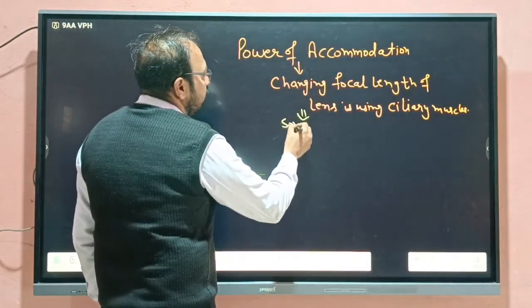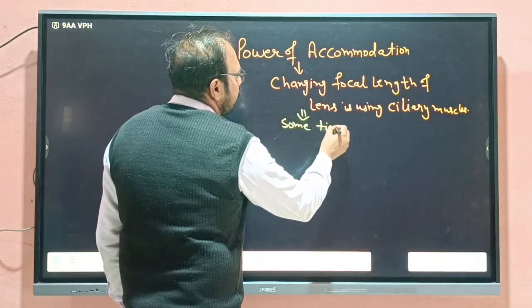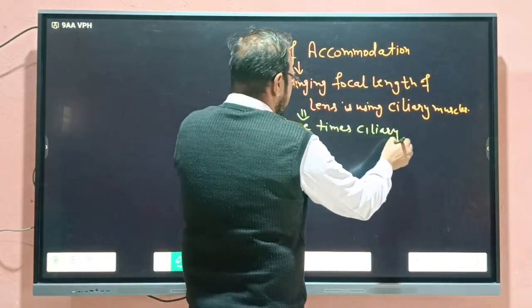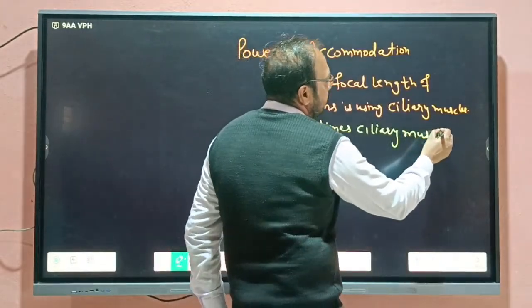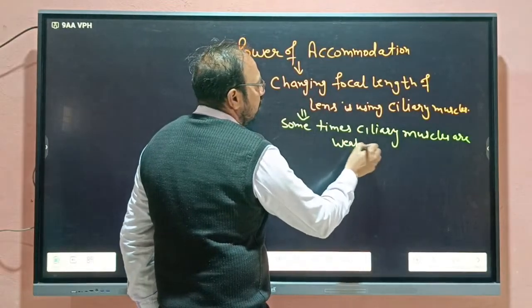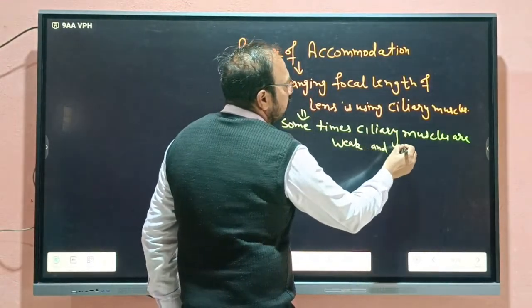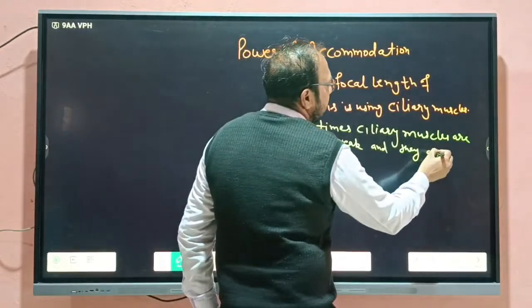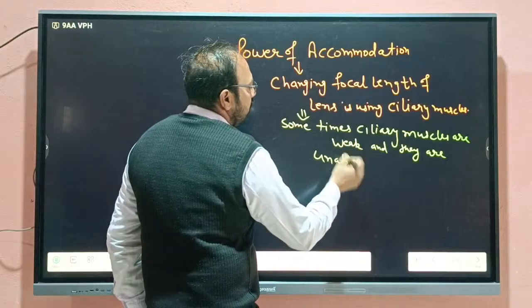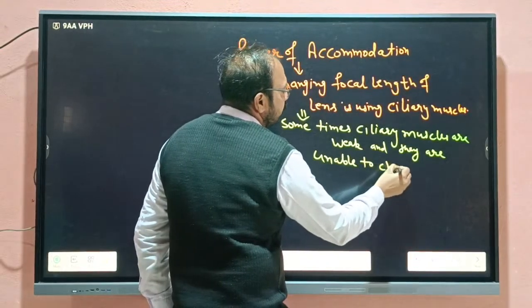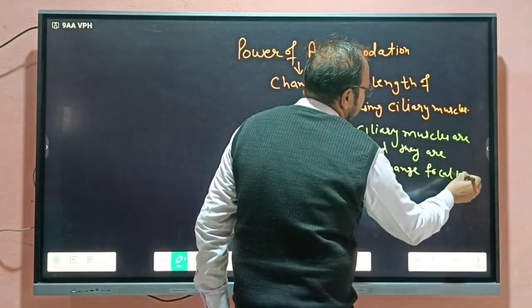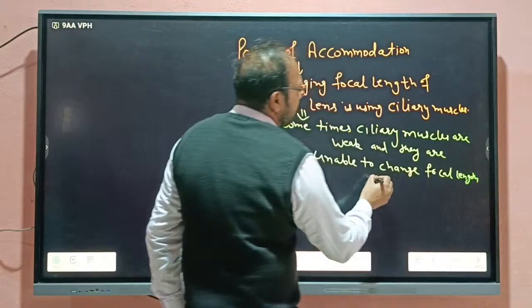So sometimes ciliary muscles are weak and they are unable to change the focal length of the eye.